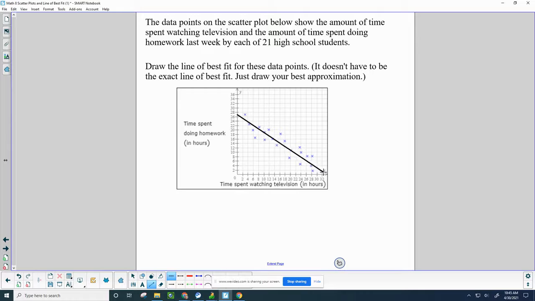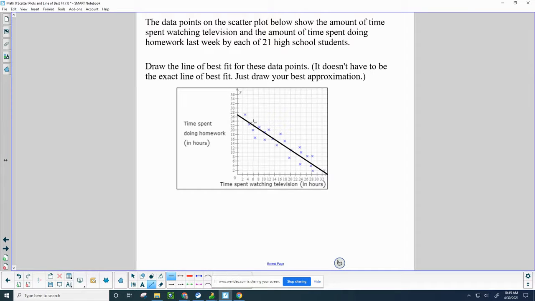I'll bring my line of best fit down, and if I hit about right there in the corner, that looks pretty close, but it might be a little higher too. I can't see. I'm going to go with this right about there. That looks like a pretty good line of best fit to me.